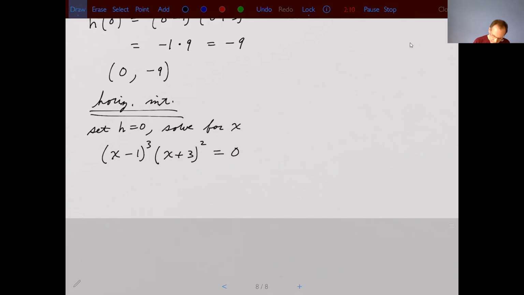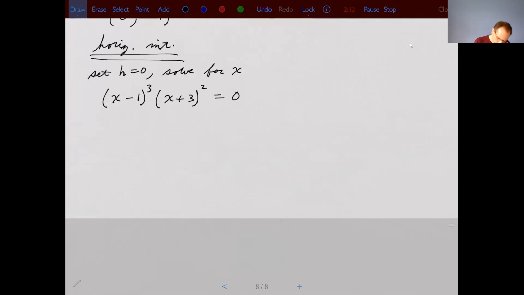So if I set the first factor, x minus 1 cubed equal to 0, remember, you can think of this as x minus 1 times x minus 1 times x minus 1 equals 0. Well, I'm going to get the solution, x is equal to 1, but it's a triple root, right? It has multiplicity 3.